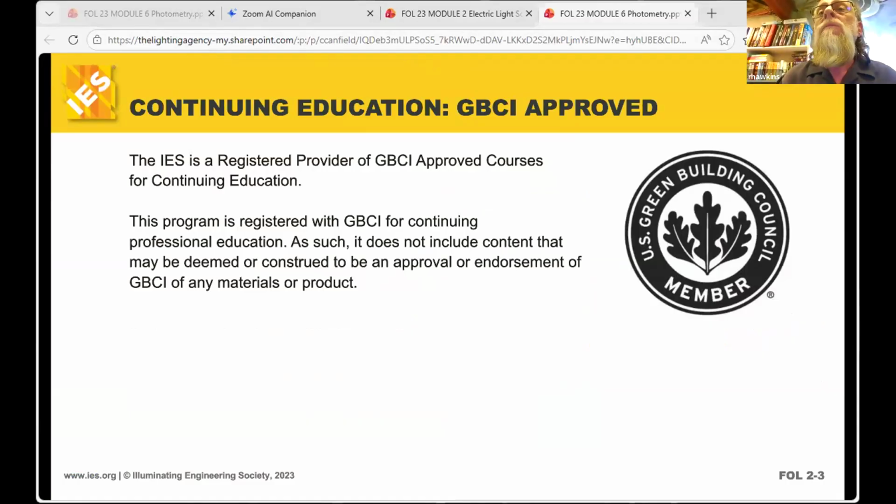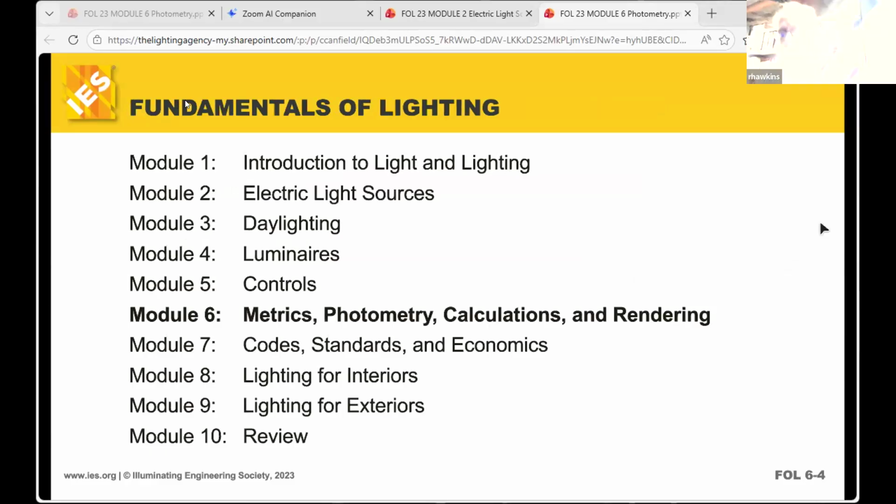Hold on. Oh, here we go. All right. Do you guys now see metrics, photometry, calculations, and rendering? Yep. Fantastic. Now that I'm on the right section. All right, here we go.